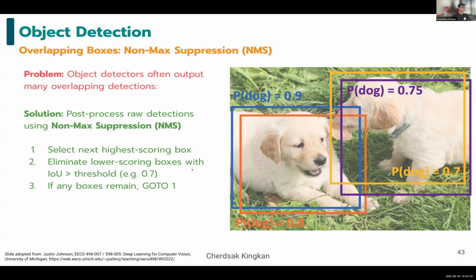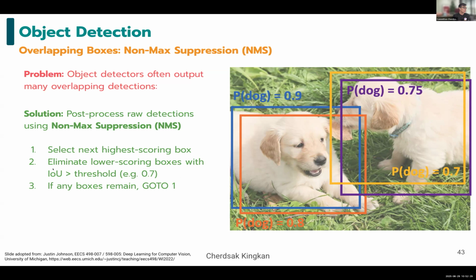So how do we do non-maximum suppression? First, we select the highest scoring box. From this example, it would be the blue box, because it has 0.9.